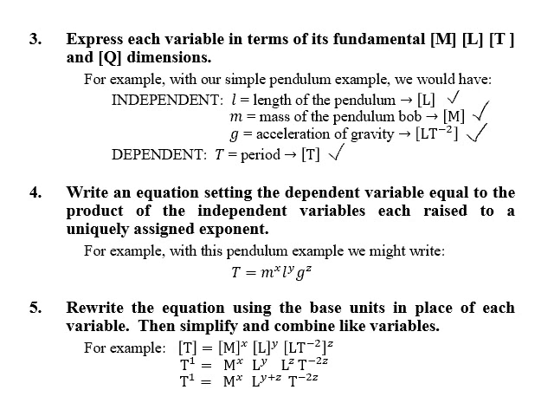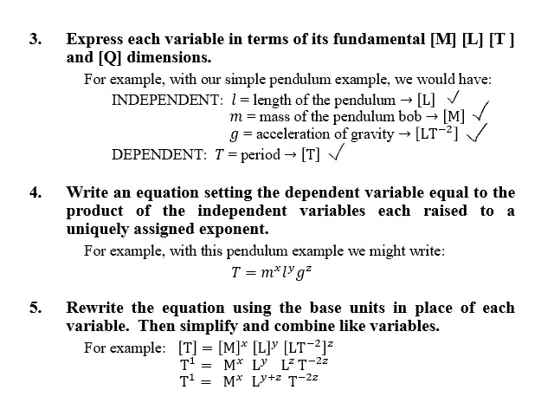Now, step 4: write an equation setting the dependent variable equal to the product of the independent variables, each raised to a uniquely assigned exponent. In this case, T is our dependent variable. That is going to be equal to the product of each of our independent variables raised to a unique power, or exponent. I've chosen just x, y, and z as my exponents here.